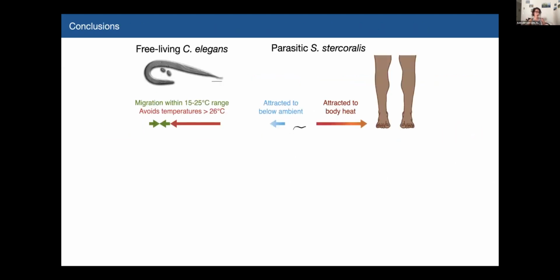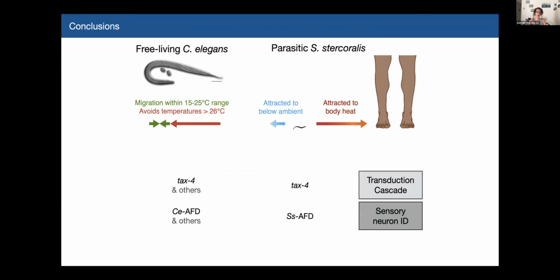So to conclude, my research demonstrates that IL-3s display 2 parasite-specific modes of temperature-driven behavior, including attraction to human body heat. I found that parasitic and free-living nematodes rely on the same sensory transduction pathway and inputs from the same sensory neuron pair to drive their divergent behaviors.